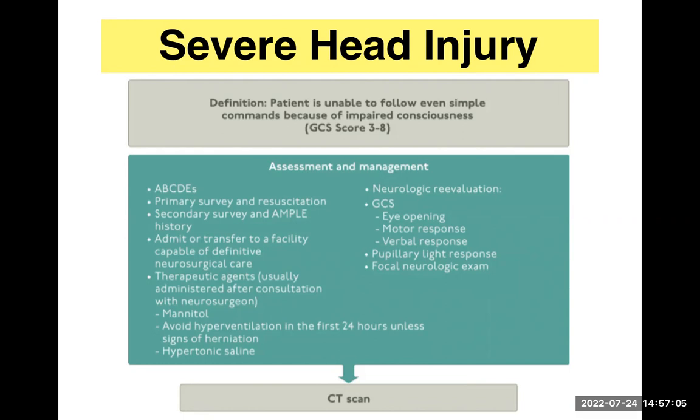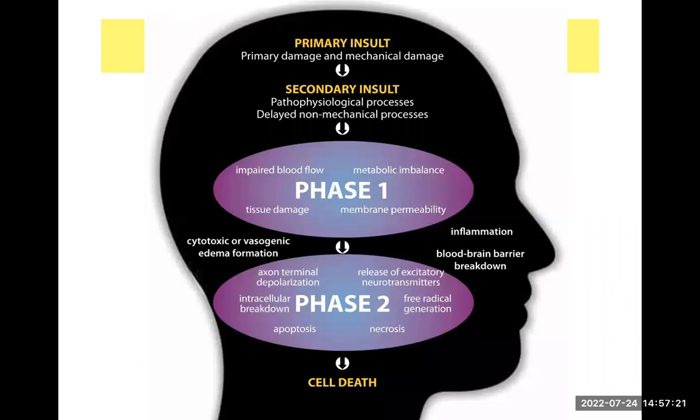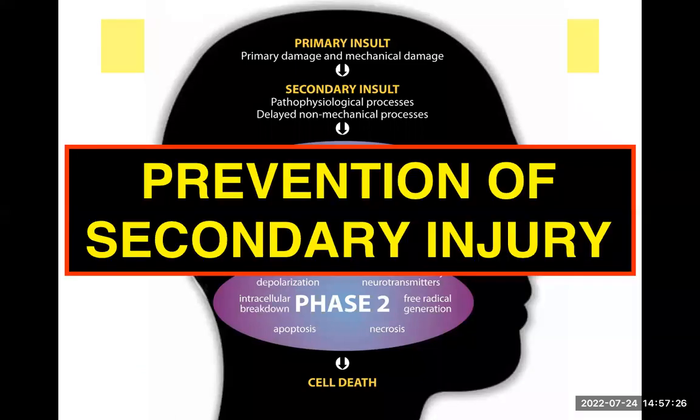And normally we have to initiate the therapeutic agents for the patient, including whether we need to give any mannitol, hypertonic saline, and also frequent neurological re-evaluation with regards to GCS, pupillary, and focal neurological examinations. CT scan is mandatory. So we will discuss more after this. Basically, if trauma has already happened, the primary injury is there.